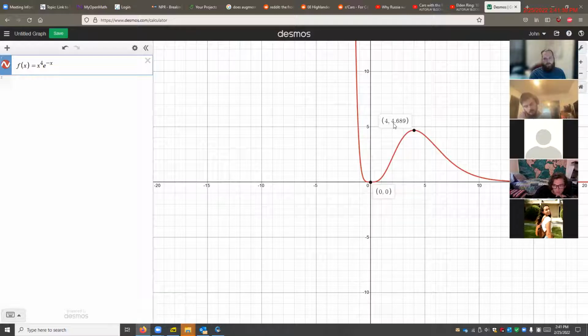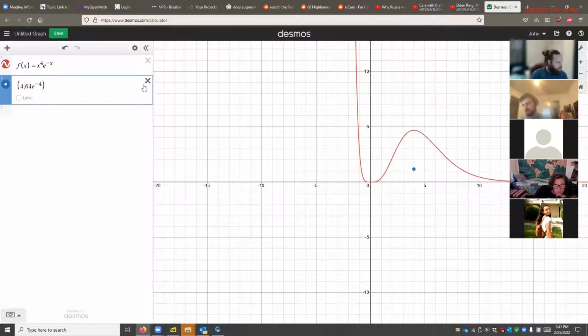Here's our local max at 4, 64 e to the negative 4. And you can verify that y value is 4 to the 4. Oh, 64 is 4 cubed, isn't it? I'm sorry. What is 4 to the 4? It'd be 64 times 4 is 256, right? So sorry.